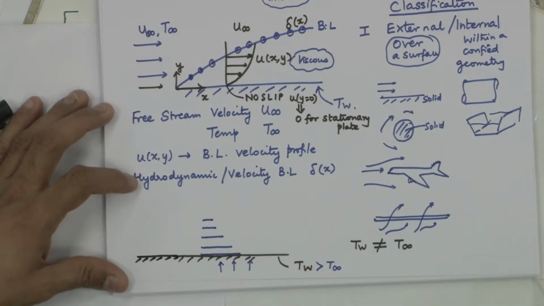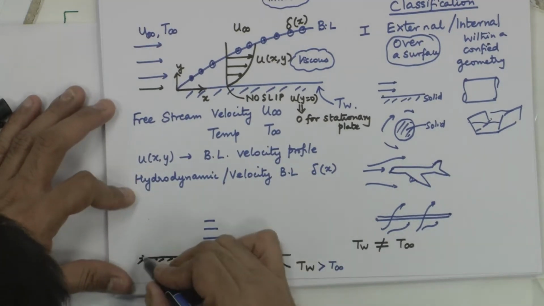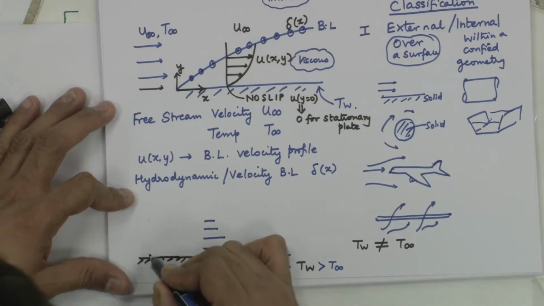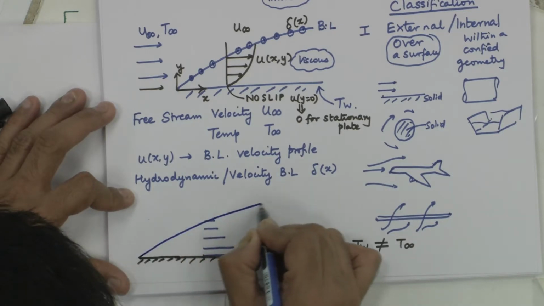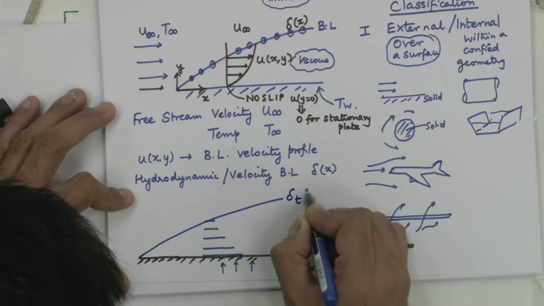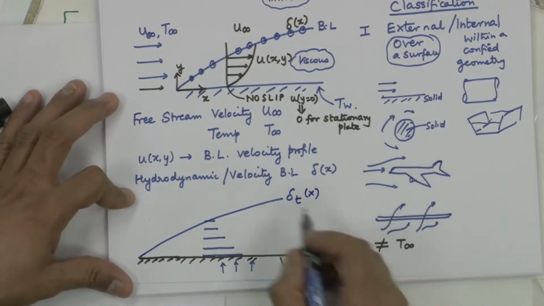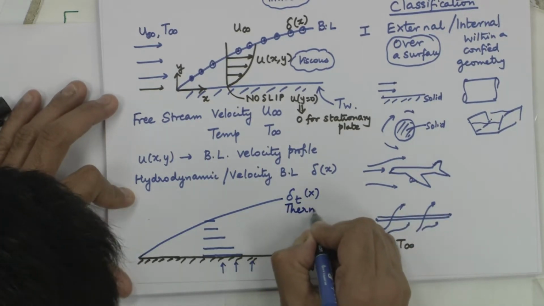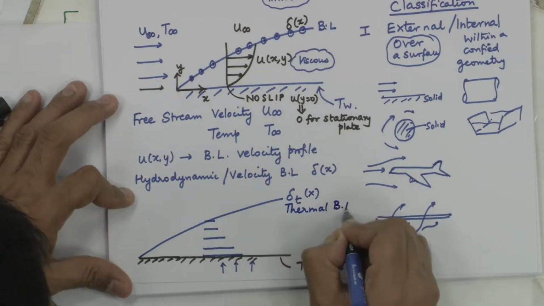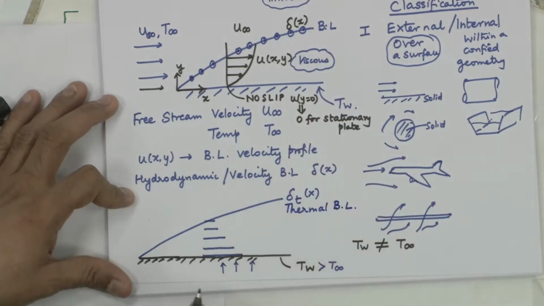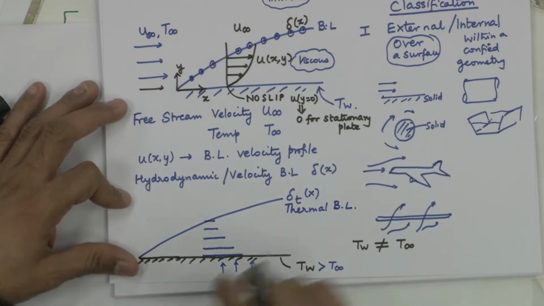This situation leads us to the understanding of the concept of a thermal boundary layer. This is your delta T of x, the thermal boundary layer. This was the velocity boundary layer, this is the thermal boundary layer.